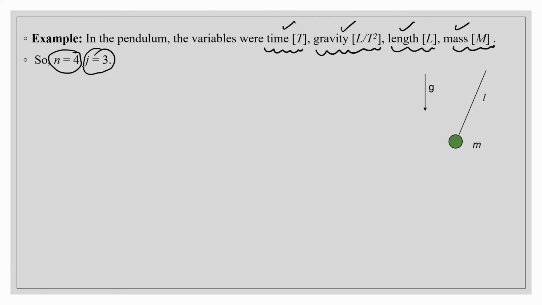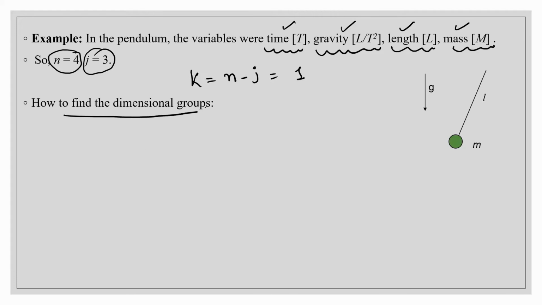So our value of j will be equal to 3. So what will be the value of k? This will be equal to n minus j, which will be equal to 1. So how many dimensionless groups will be formed? There will be only one dimensionless group, that will be pi 1. So you can find pi 1 as a function of the others.